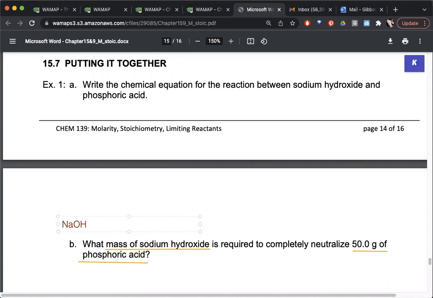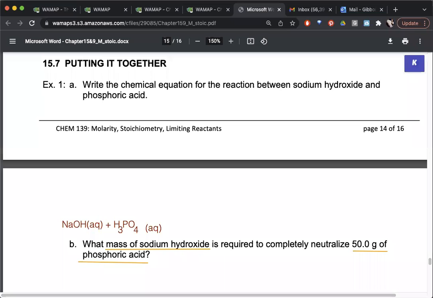Sodium hydroxide is a strong base, aqueous, plus phosphoric acid, which is H3PO4. It is a weak acid. All acids are aqueous.